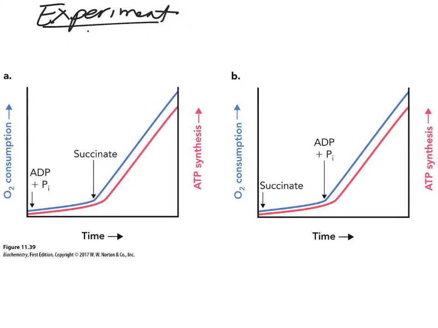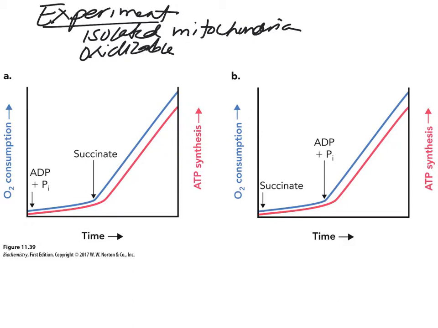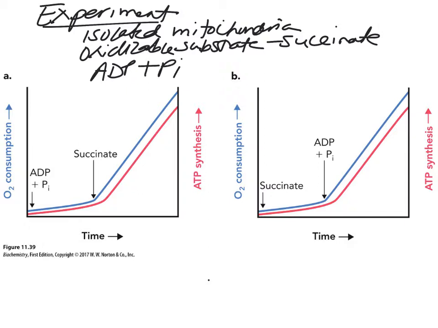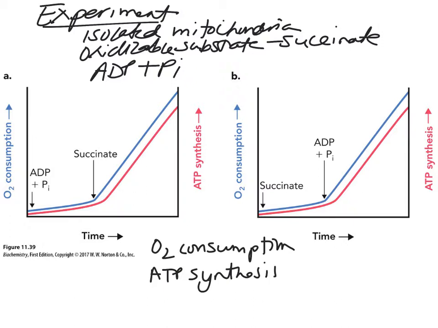So if we do an experiment where we have isolated mitochondria and we add an oxidizable substrate, such as succinate, and then we also add ADP and inorganic phosphate, what we can do is look at O2 consumption and ATP synthesis, and we can change the parameters to see how we can affect this process.